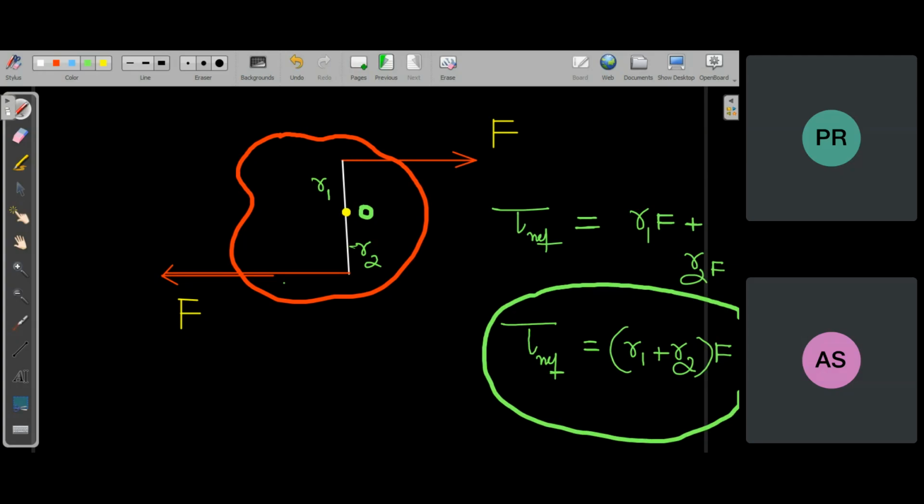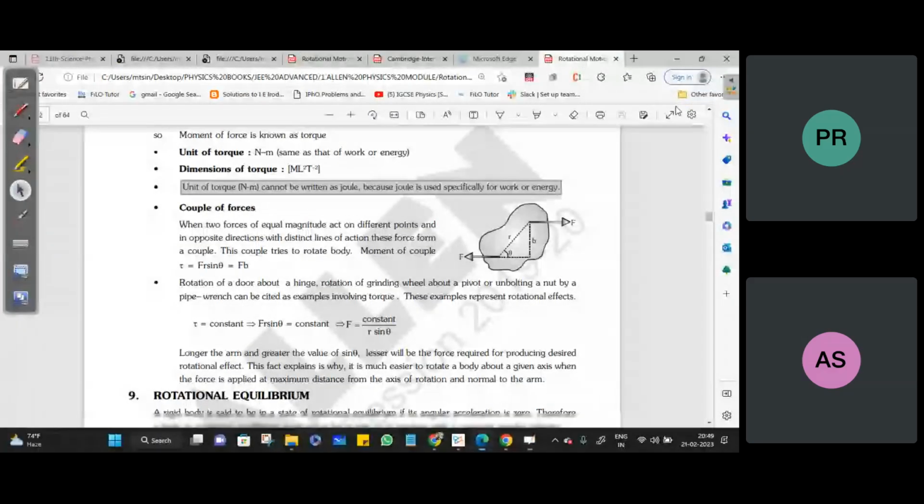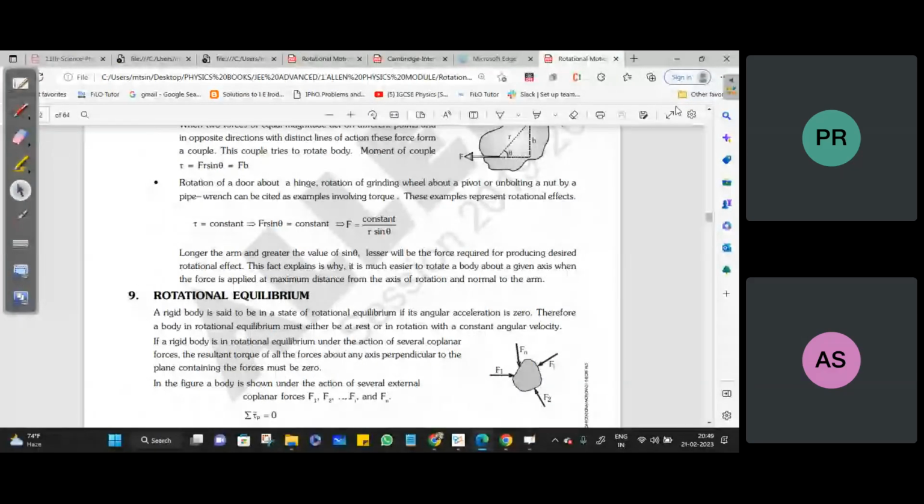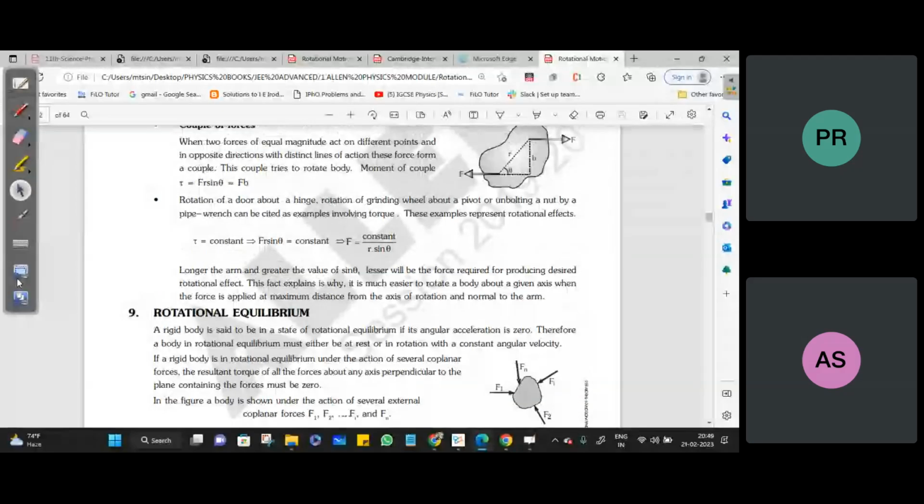From here, you get a very interesting property: when the net force on a body is zero, then the torque about any point will have the same value. That is an important conclusion. What happens if the net force is not zero?